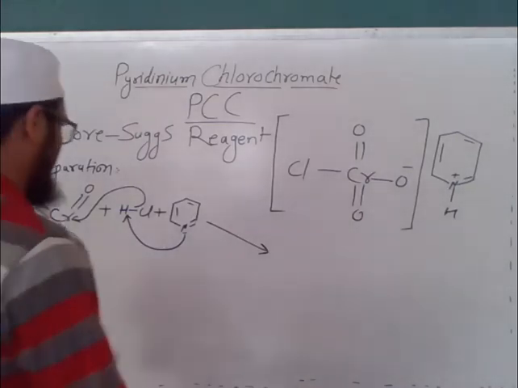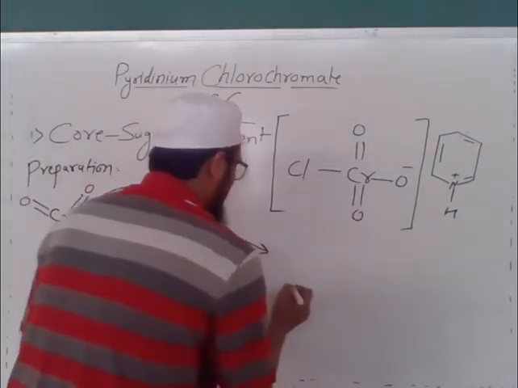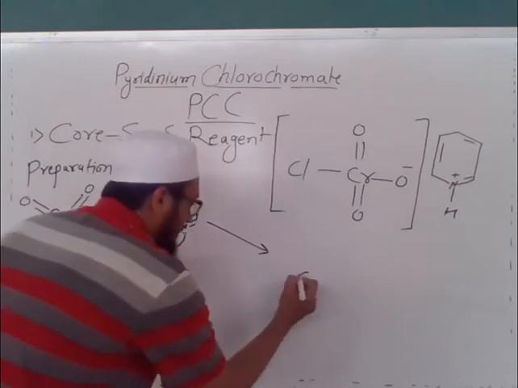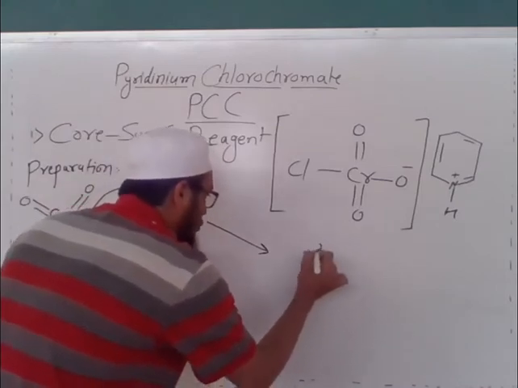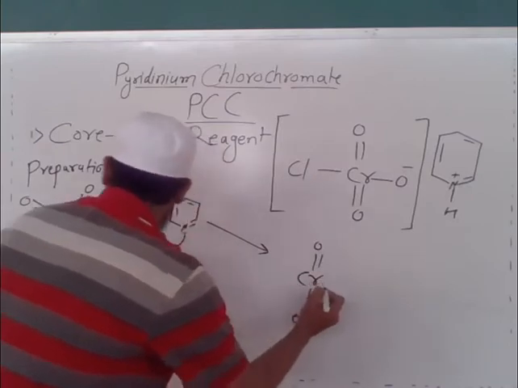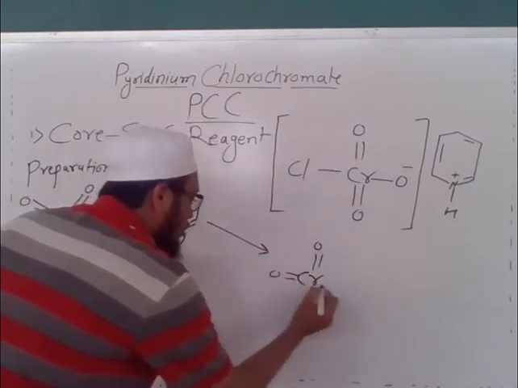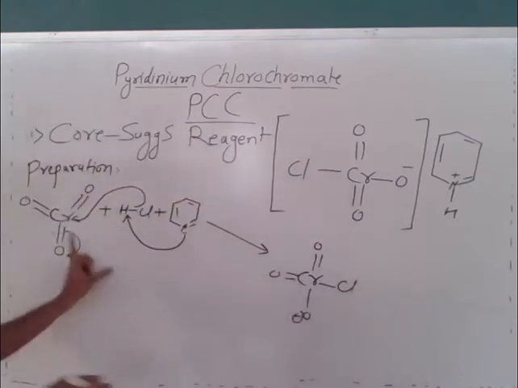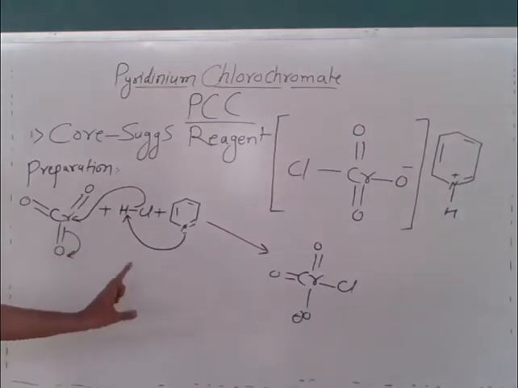And what will we get? We will get this structure. I will write it again here. Chromium double bond O, single bond O negative, single bond, double bond O, single bond chlorine. Just look, I'm not changing anything.